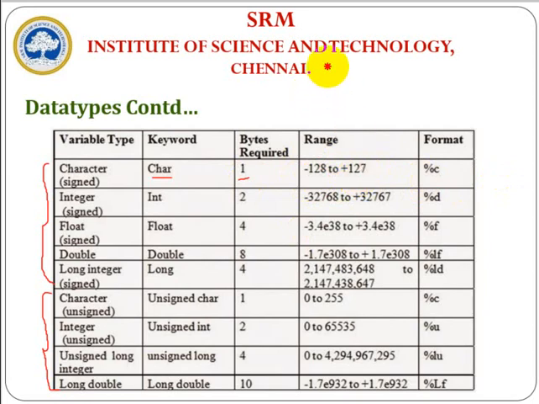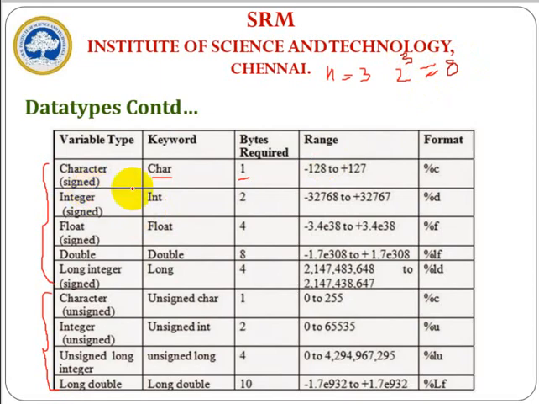Say for an example, if my n value is 3, then 2 to the power of 3 means 8. So 2 to the power of 3 means 8 pieces of information, that is, you can hold 8 values.